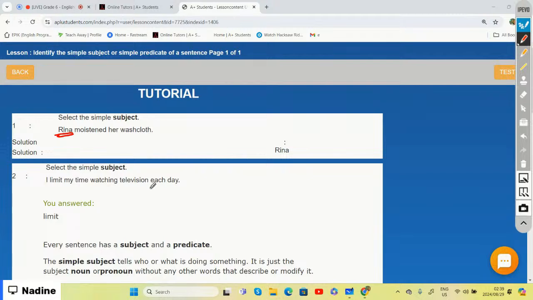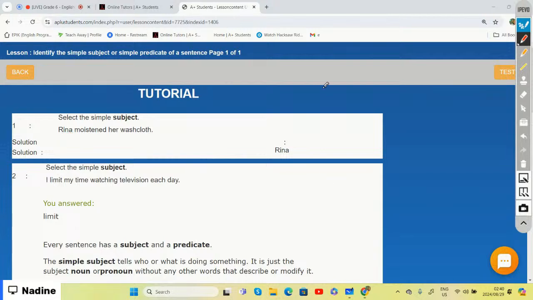And if we were to select the subject, we would say I is our subject. All right, so I is our subject.